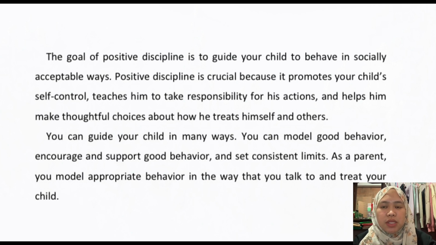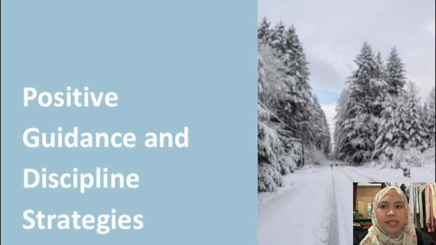Sometimes adult expectations exceed a child's capability. Thus, the more you know about children's developmental milestones, the better you will be able to guide your child successfully through life. And the second subtopic is about positive guidance and discipline strategies.